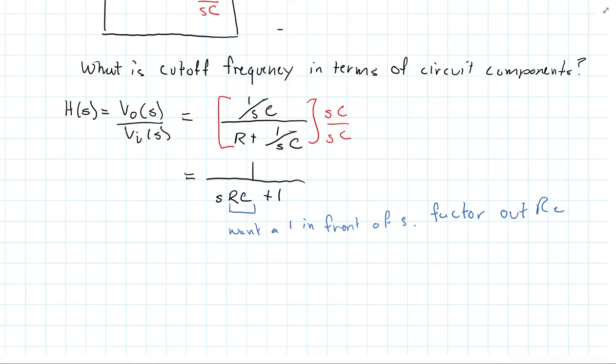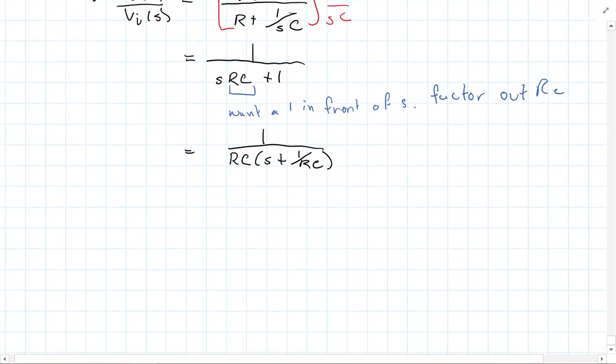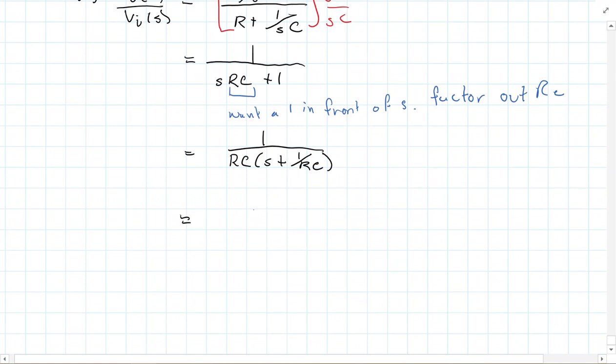If I factor out an RC, I'd have 1 over RC times S plus 1 over RC, which does just become 1 over RC, and I'm writing it in a weird way, but you'll see why in a little bit. S plus 1 over RC. Okay, so this is my transfer function, H of s.